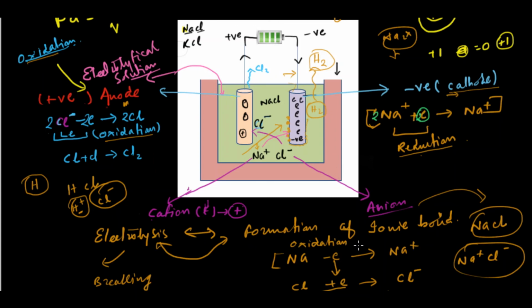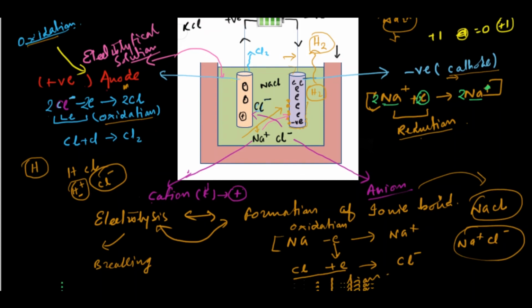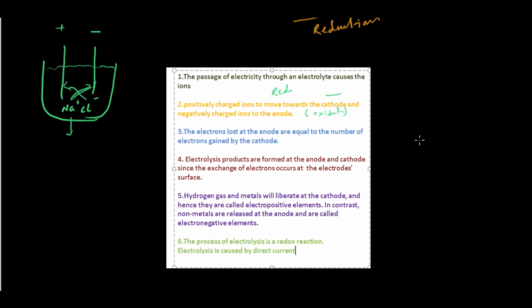You can see in the equation I've done: if two chlorine are losing electrons, then two sodium will gain the electrons and will form Na. So the number of electrons lost at the anode will equal the number of electrons gained at the cathode.